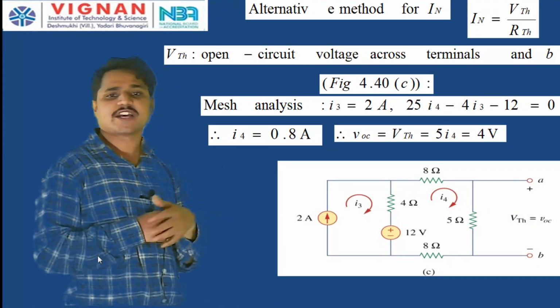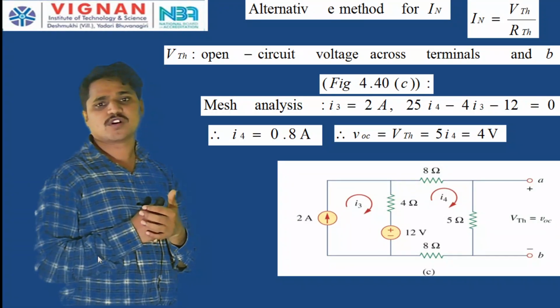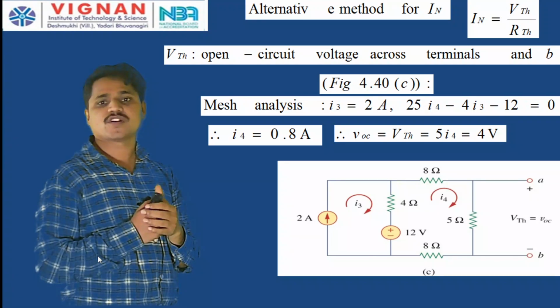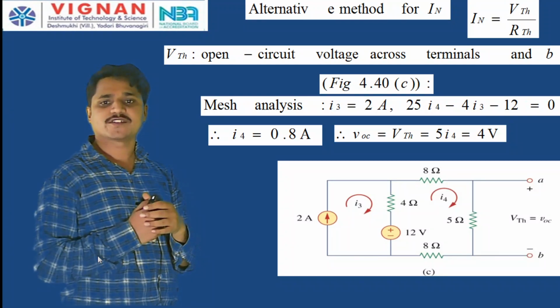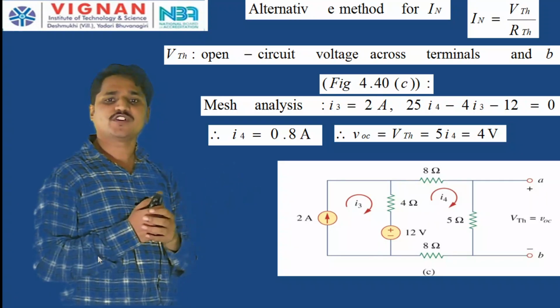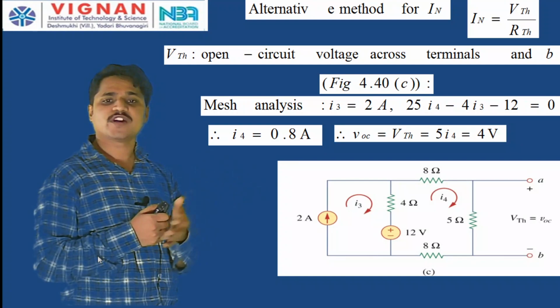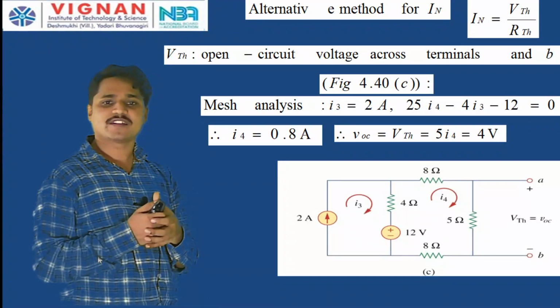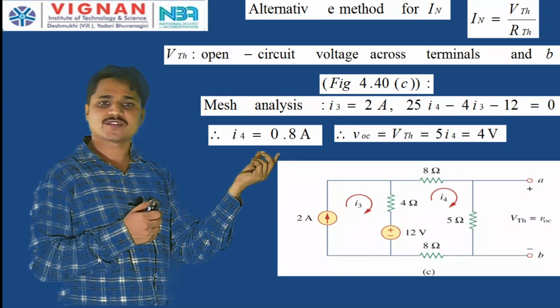Now, substitute I3 is equal to 2 amperes in this equation. Therefore, 25 I4 minus 4 into 2, that is 8, minus 8 minus 12, minus 20. So, 25 I4 is equal to 20. Therefore, I4 is equal to 20 by 25, that is 0.8 amperes.